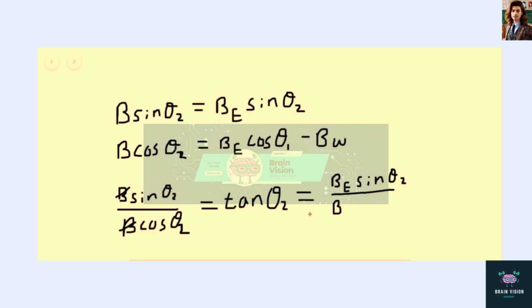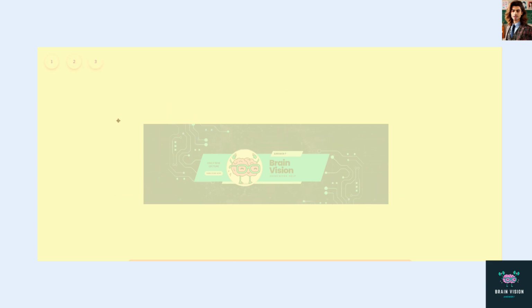So this would be B sub E times the cosine of the angle theta 1 minus B sub W. So we can just rearrange this equation to solve for B sub W. We ran out of room here, but we'll do it on another page.